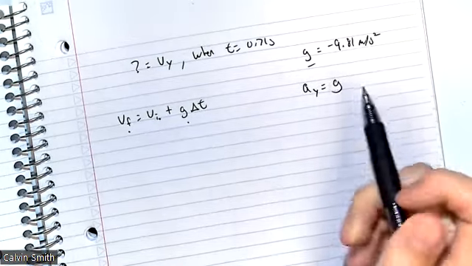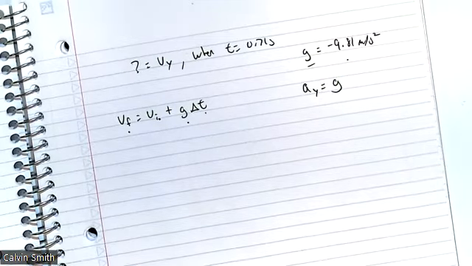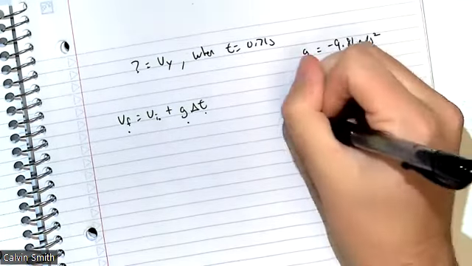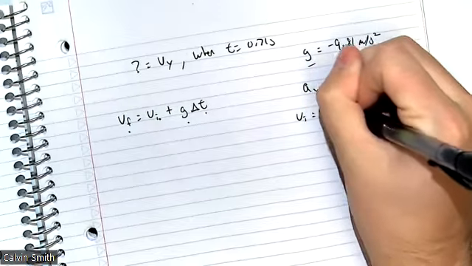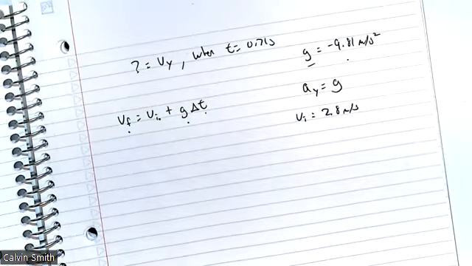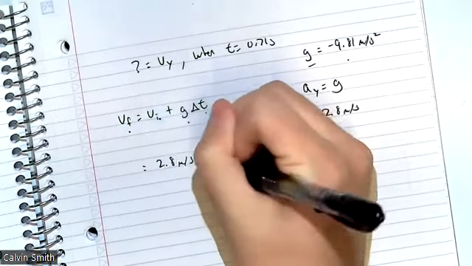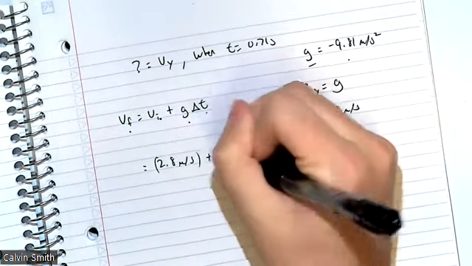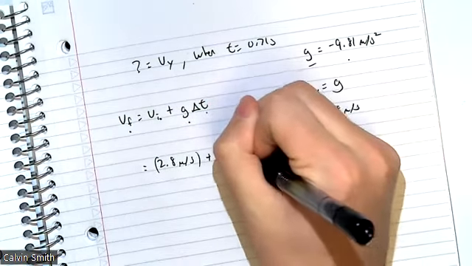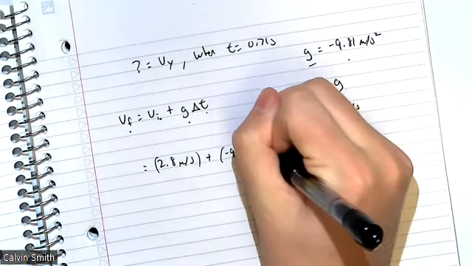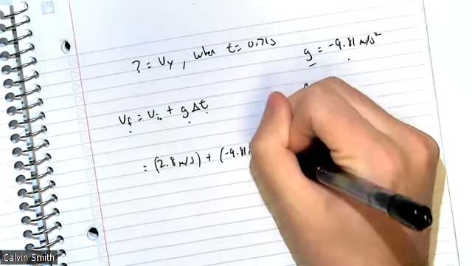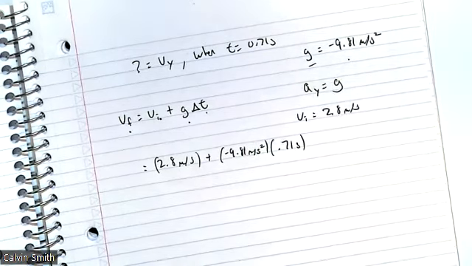We have gravity, and we have time. So at this point, it's just plugging everything in. So 2.8 meters per second plus negative 9.81 meters per second squared times 0.71 seconds.